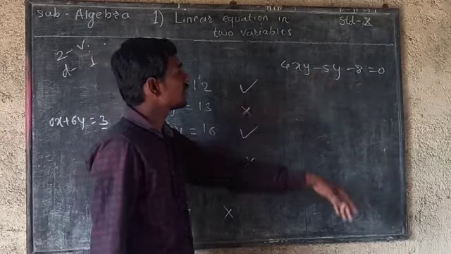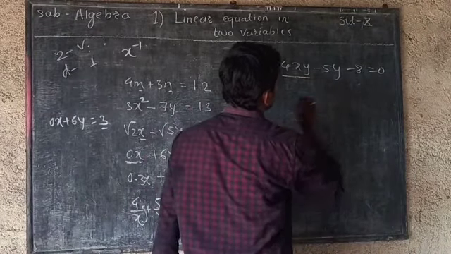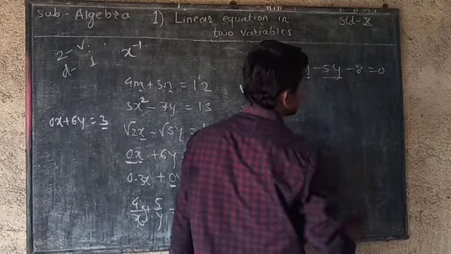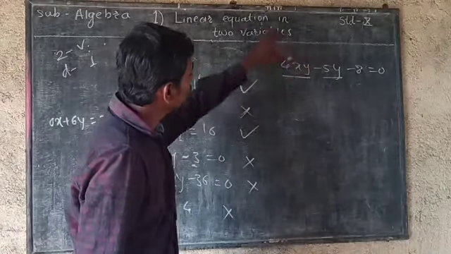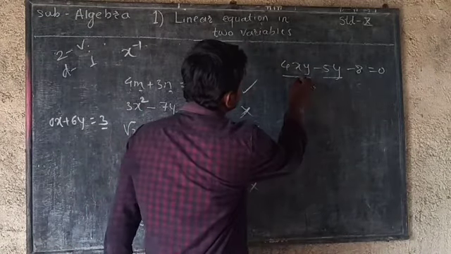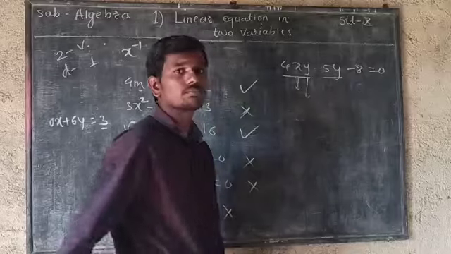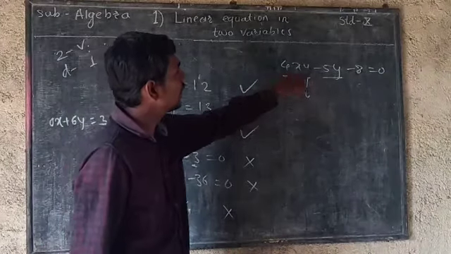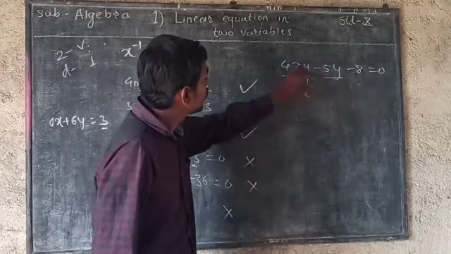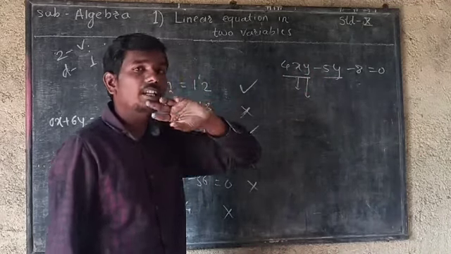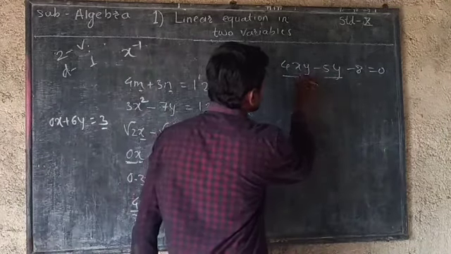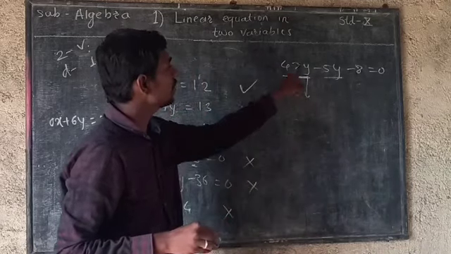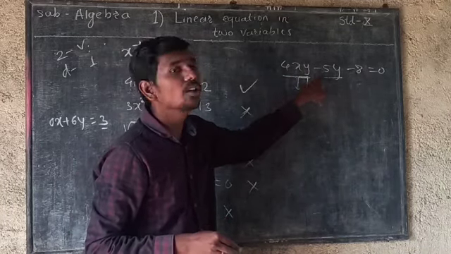And the last is 4xy minus 5y minus 8 is equal to 0. Here we can see x and y both variables are with a. We can say a, b, and this is c, right? Okay, so here are two variables. I know here are two variables, but with the first coefficient there is x and y.